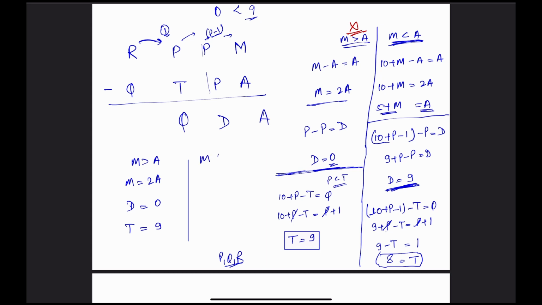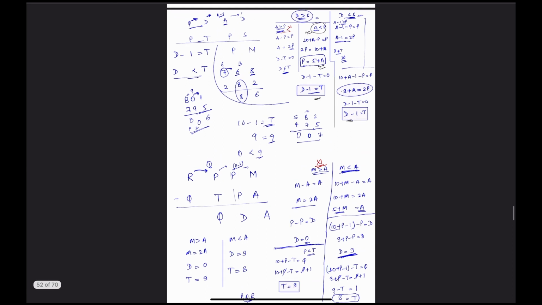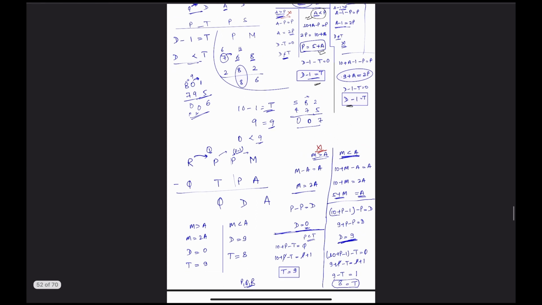And if M is less than A, then D will be 9 and T will be 8. So these are the two values till now. So it all depends upon M and A.